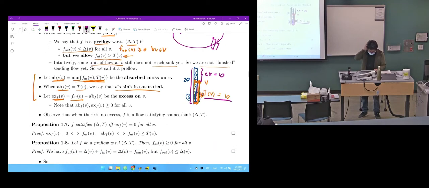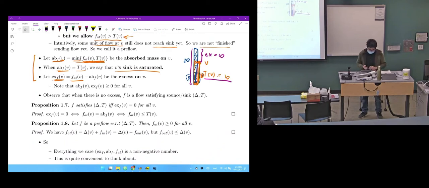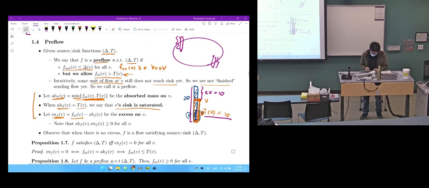All right. So observe that really just by definition, when there is no excess, then it means that this F is a flow, not just a preflow. When there is no excess, all the mass is absorbed at something already. So F is a flow satisfying source and sink function.